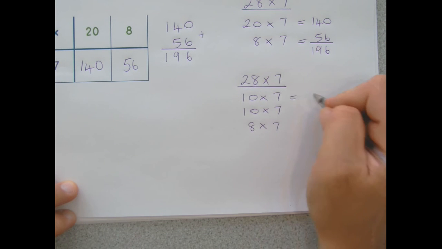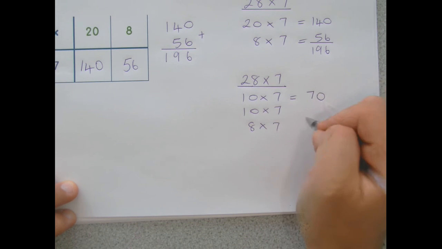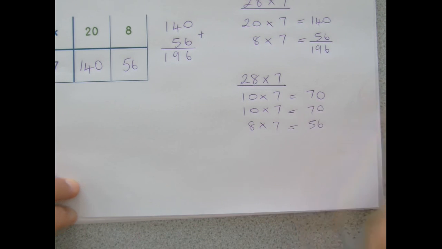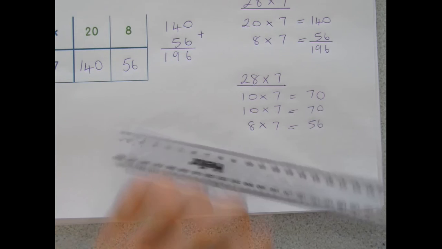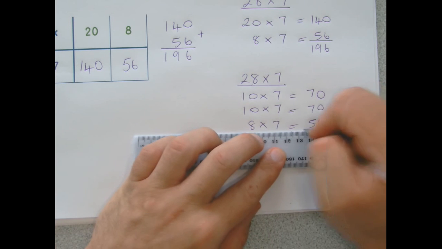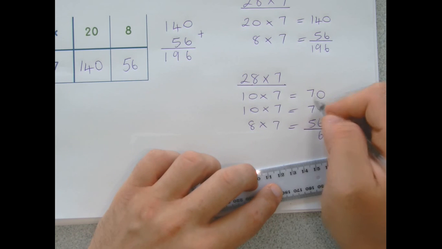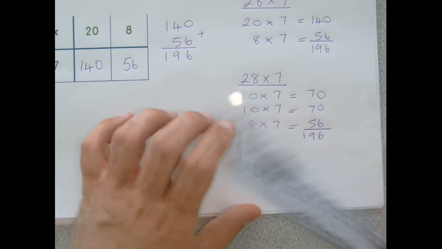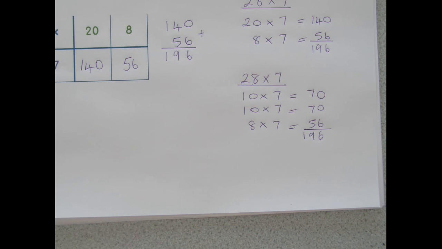So we're working it out, splitting up: 10 times 7 is 70, of course another 10 times 7 is 70, and then 56. Add them up, and you will get your same answer as before. This will add up to 19, so 9, and then carry the 1, of course. We move that over there, and we get 196.